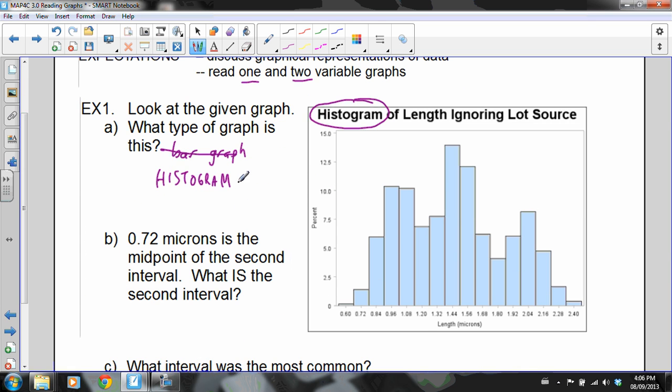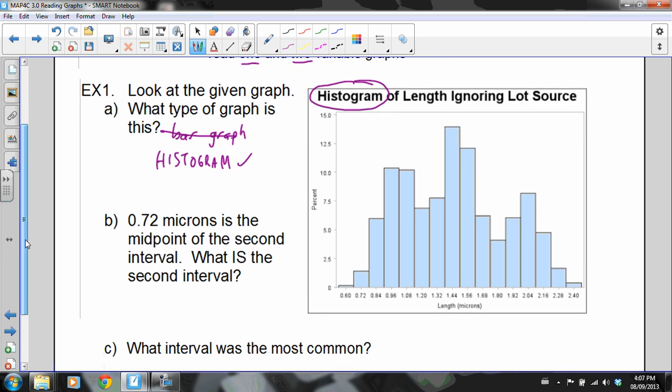When that happens, we call it a histogram. Okay. And notice that it's the percent of, we don't know what exactly we measured, but this is the histogram of length. So this is the length in microns, and a micron is a small measurement of length. It's smaller than a millimeter sort of deal.